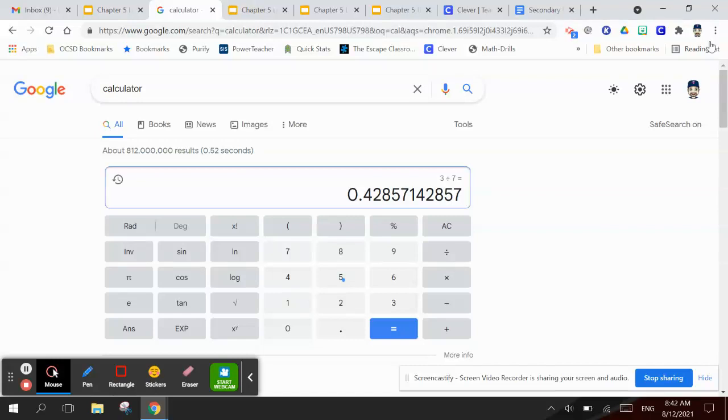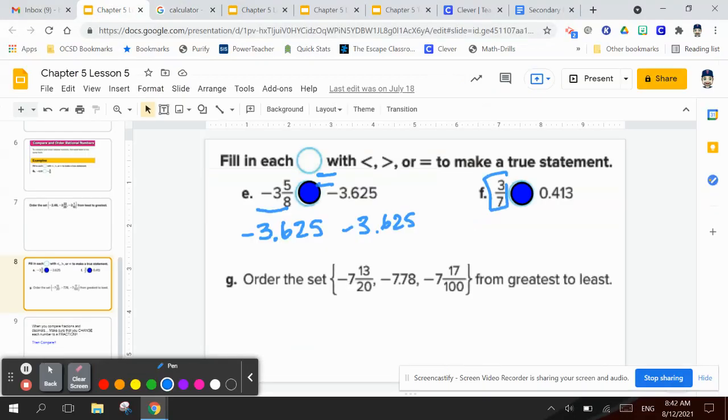So notice that they are repeating. 428571, 428571, and if there was another space, it would be 4. So 0.428571. And this one here is 0.413.